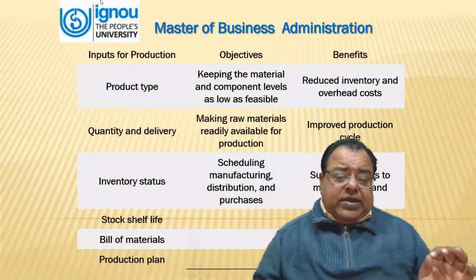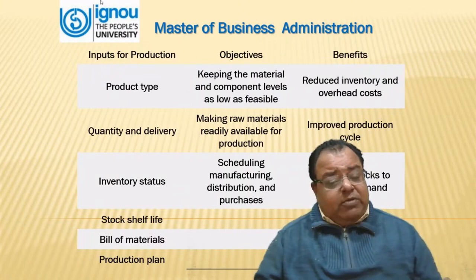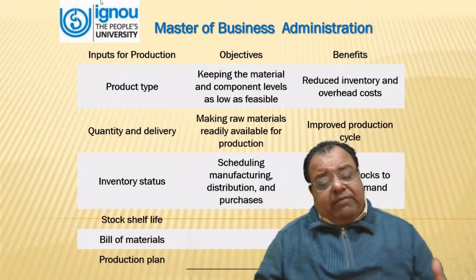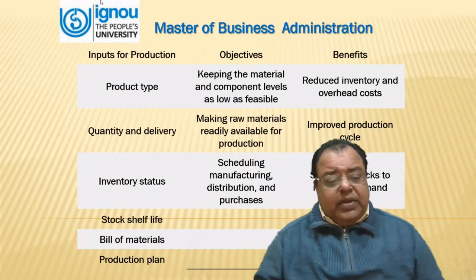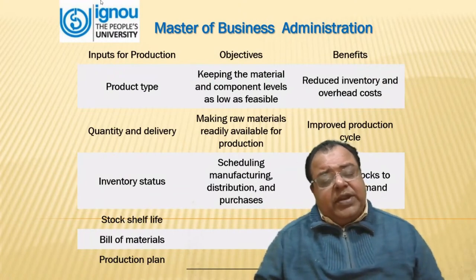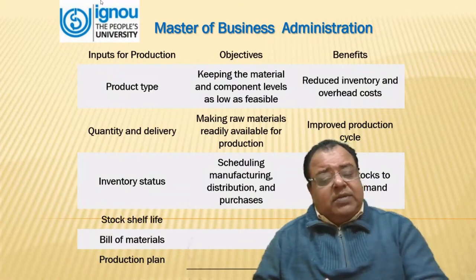As far as inventory status is concerned, the objective involved will be scheduling, manufacturing, distribution, and purchases. And we will have a sufficient stock to meet the demand. Stock shelf life, reduced lead times will be there. And as far as your bill of material is concerned, the customer satisfaction will be a benefit.